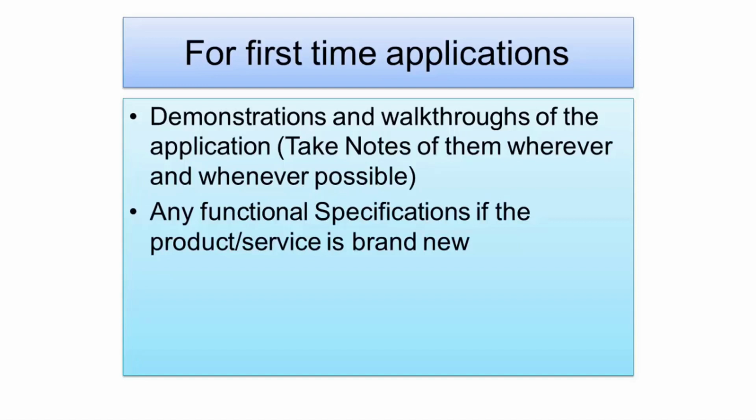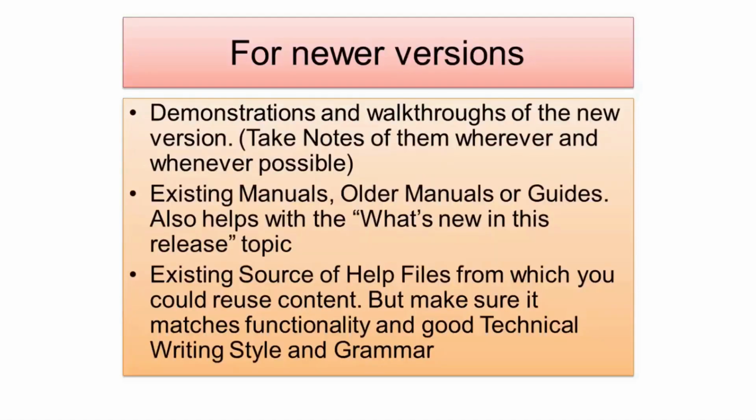Next, for newer versions of the product, that is, those applications that already have user manuals and user guides written for them, request the existing manuals of the older versions, because these can give you a wealth of information.